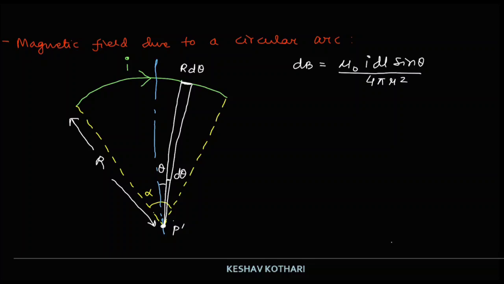So dB is equal to mu naught, current is I, the length segment is equal to r d theta. While applying the Biot-Savart law, as I have already mentioned, the angle is measured from the current carrying wire or from the current element. So this current element is basically tangential to this line. So the angle theta will be 90 degrees. So sin 90 will be written as 1, and then we have upon 4 pi r square.